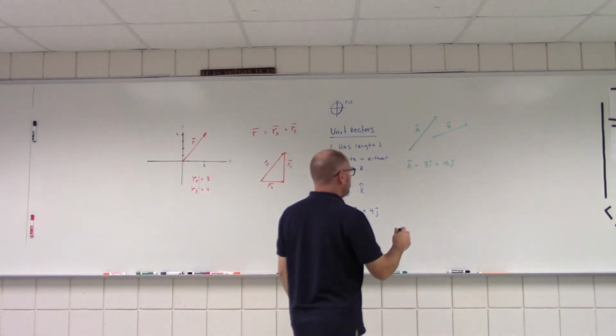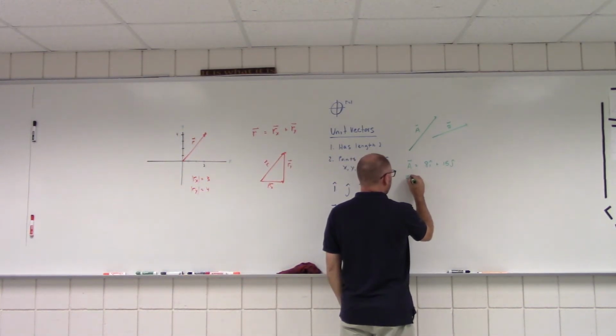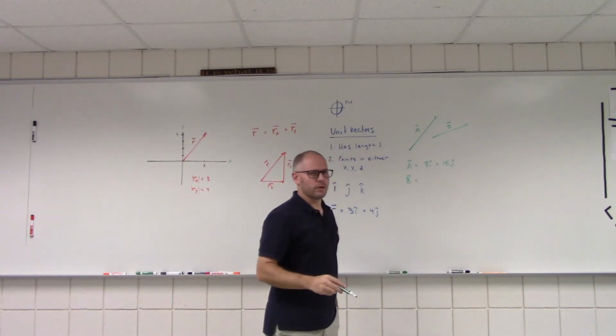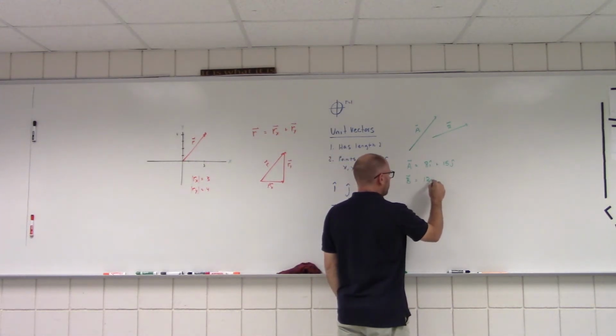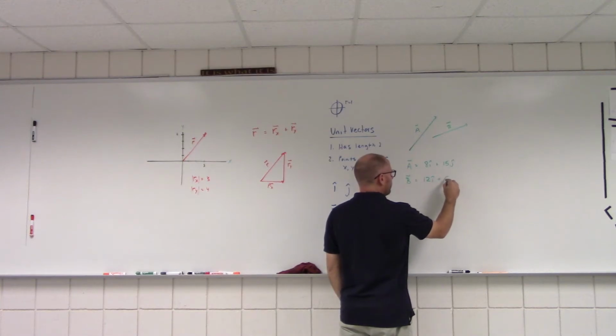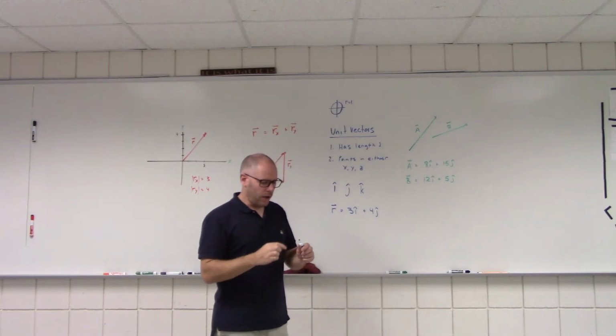And the B vector is equal to 12i plus 5j.